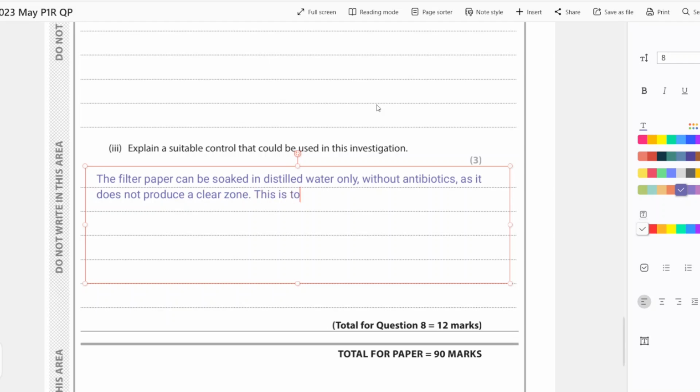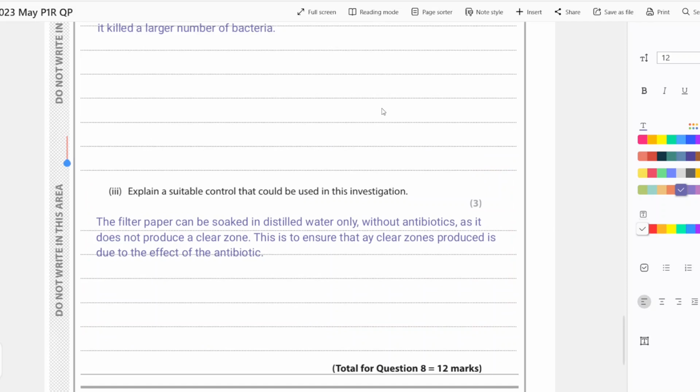This is to ensure that any clear zones produced is due to the effect of the antibiotic. Okay, let's go over the marks.